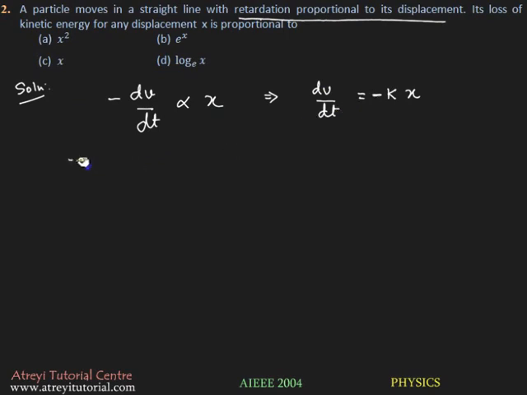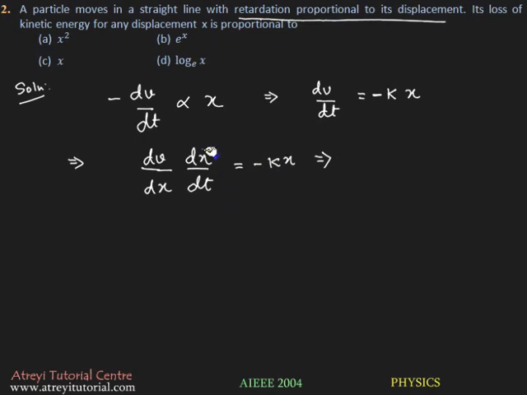Now, in the next step, we will write dv by dt slightly differently. We divide by dx and multiply by dx, so this dv by dt we are writing in the form of dv by dx multiplied by dx by dt, and that is equal to minus kx.